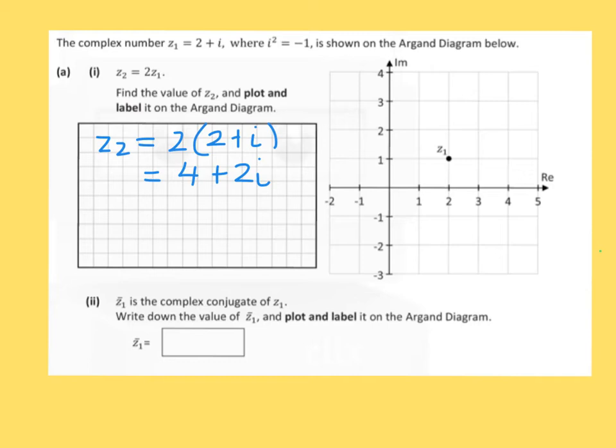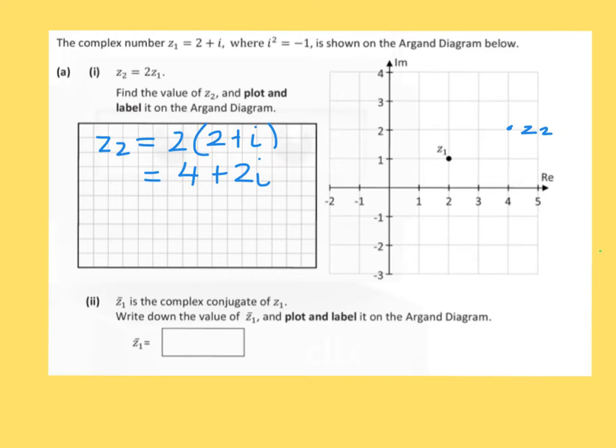And then the question asks, find the value of z2, which we just have, and plot and label it on the Argand diagram. So we have 4 on the real axis and 2 on the imaginary axis. So we'll leave it there, and just make sure to put in your label of z2. The second part of that question says z1 bar is the complex conjugate of z1. Write down the value of z1 bar and plot and label it on the Argand diagram below.